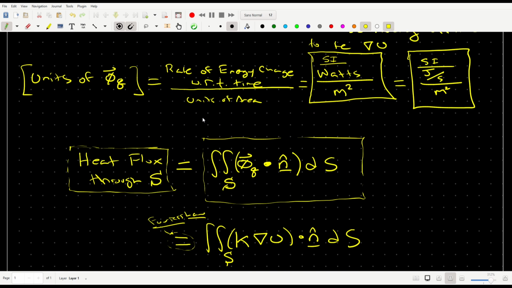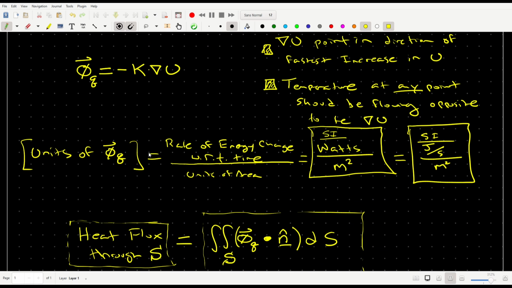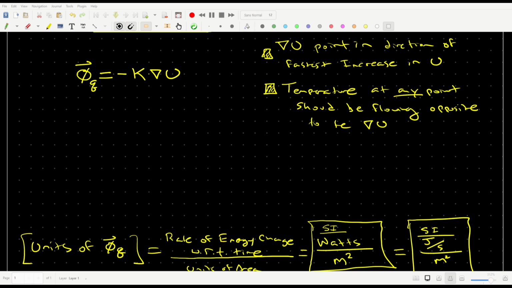And so the idea then also, I do want to clarify here, k in general does not have to be constant. Okay? K is called the thermal conductivity of the material that we're dealing with. And in general it is a function of position and possibly time as well.